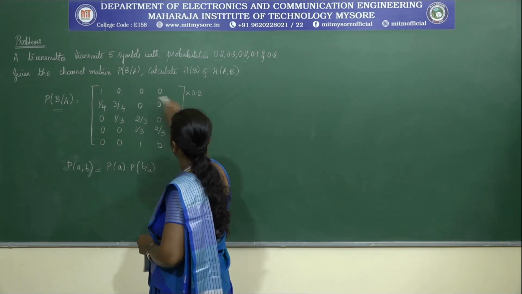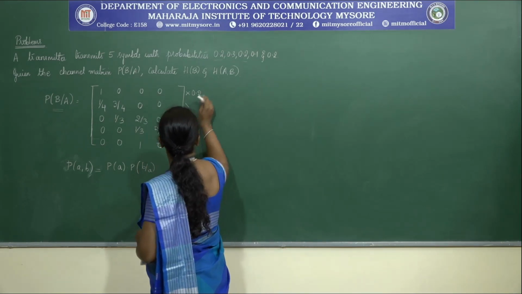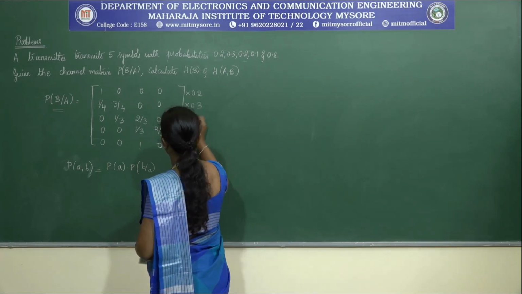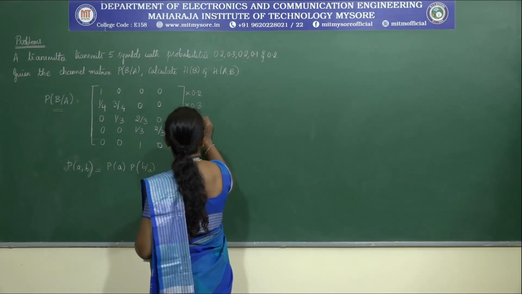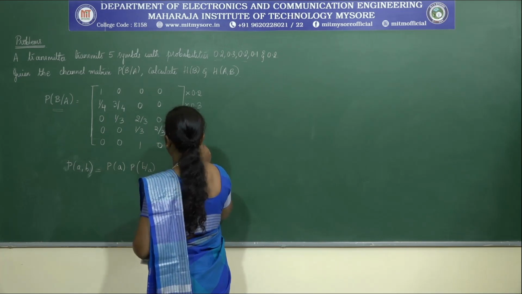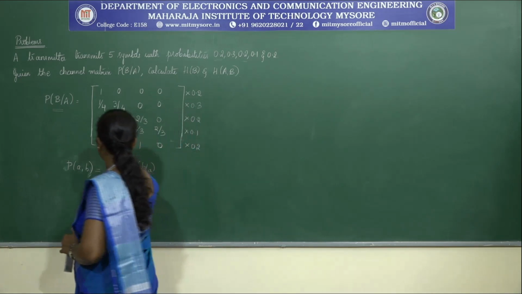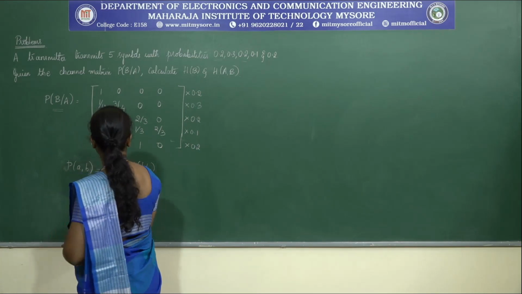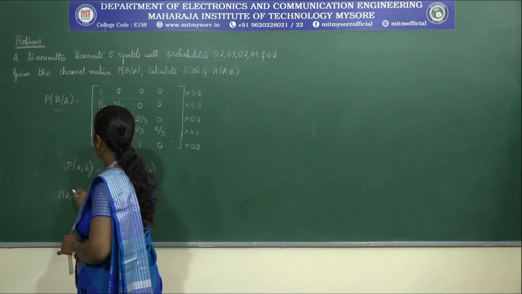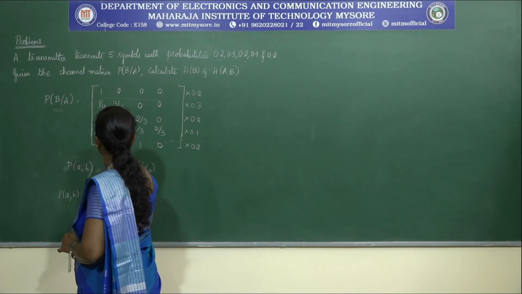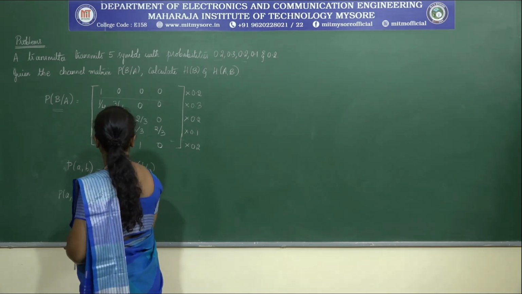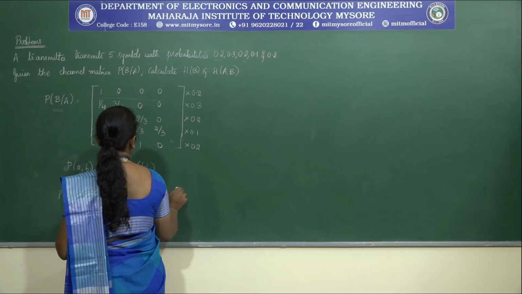So multiply the first row by 0.2, the second row by 0.3, the third row by 0.2, the fourth row by 0.1, and the fifth row by 0.2. If you multiply, this channel matrix P of A comma B will be equal to 0.2, 0, 0 and 0.